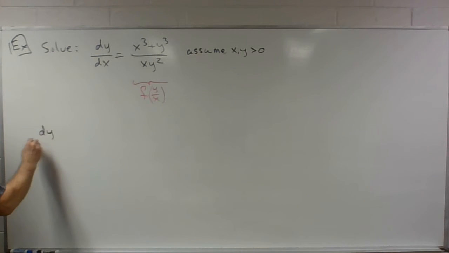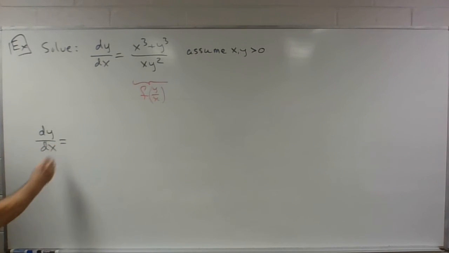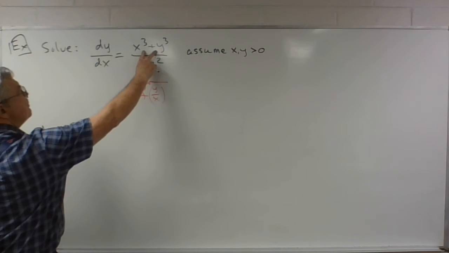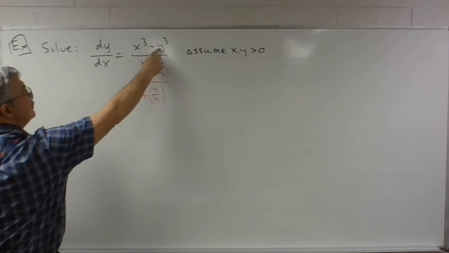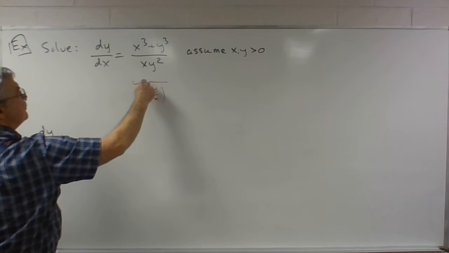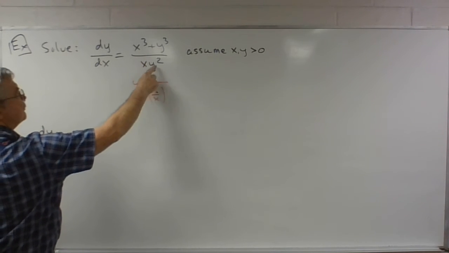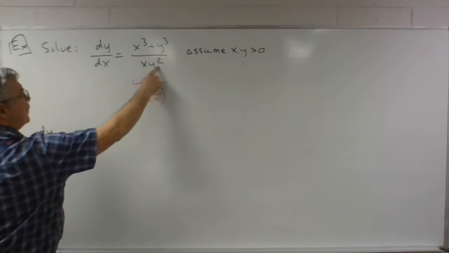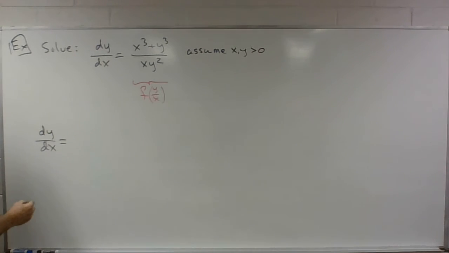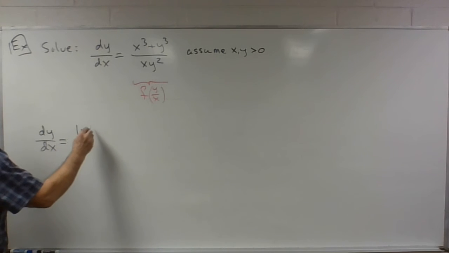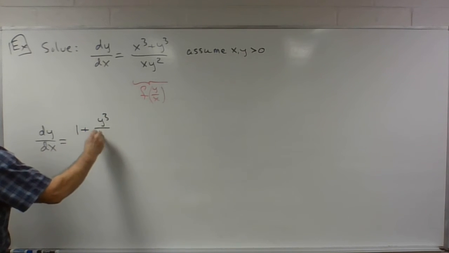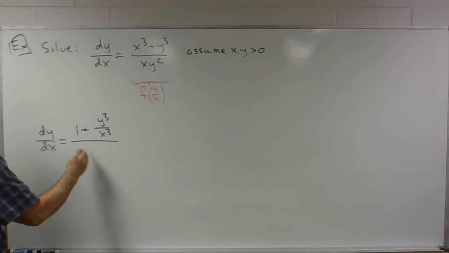So I think if I divide top and bottom by x cubed, that'll do it. Because I'll have y cubed over x cubed here. I'll have 1 over x squared and y squared over x. Yeah, that'll work. Divide top and bottom by x cubed. I'll have y cubed over x cubed.